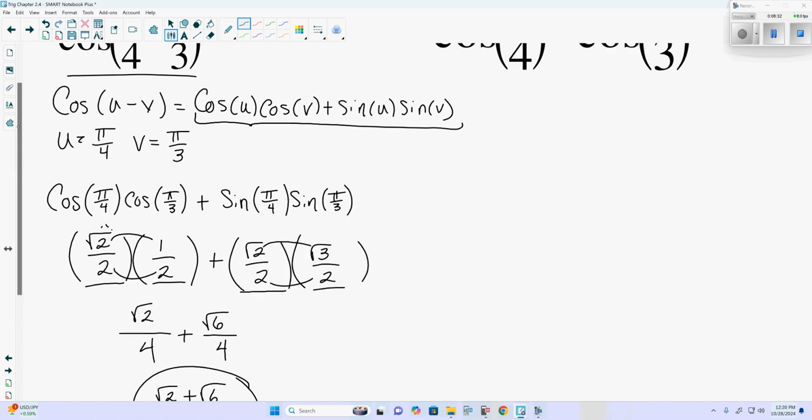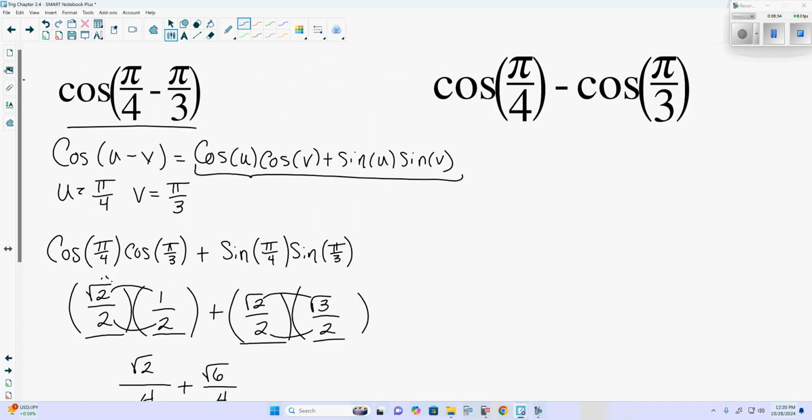Now it might be very tempting to say, couldn't we just subtract the two, cosine of pi over 4 minus cosine of pi over 3? Well, cosine of pi over 4 is square root of 2 over 2, and cosine of pi over 3 is 1/2. So we'd have square root of 2 over 2 minus 1/2.